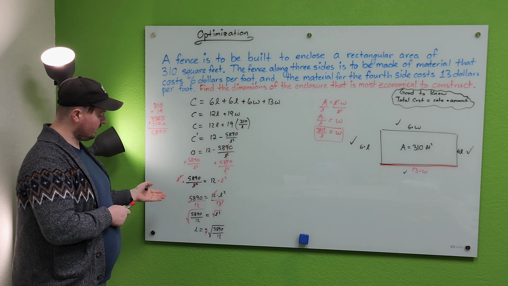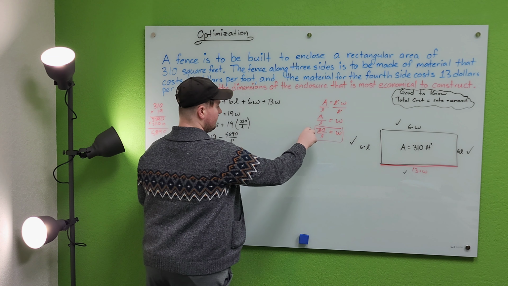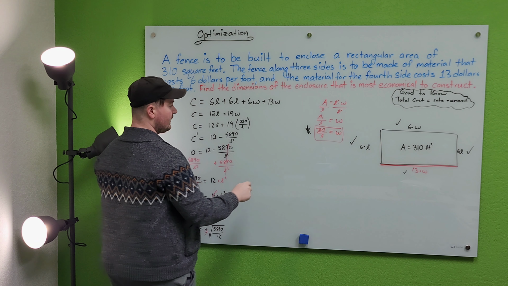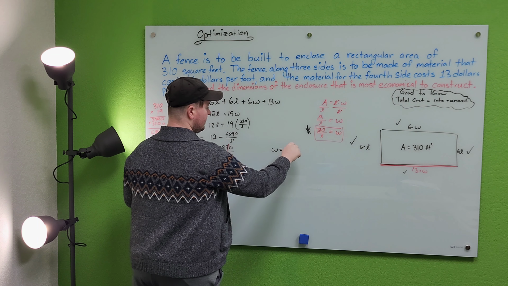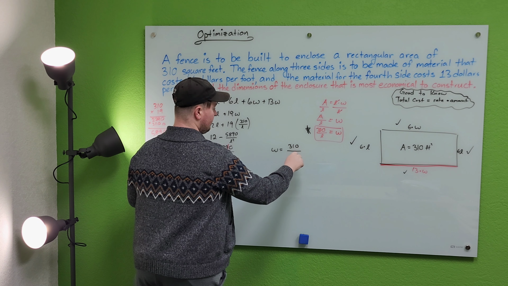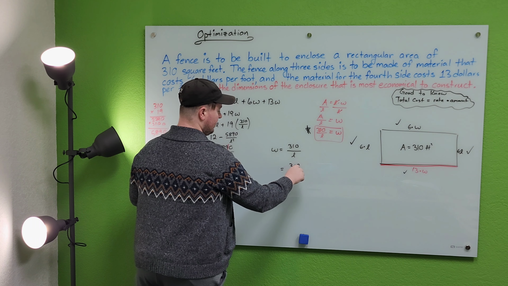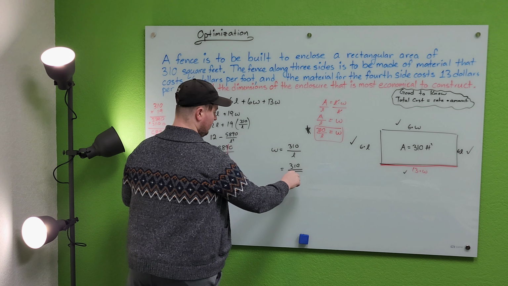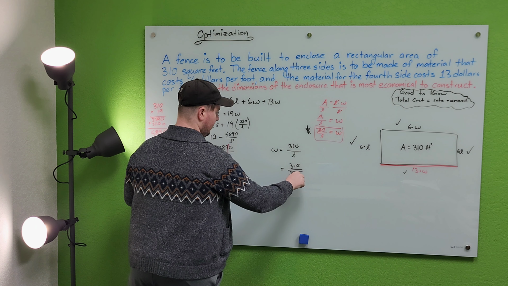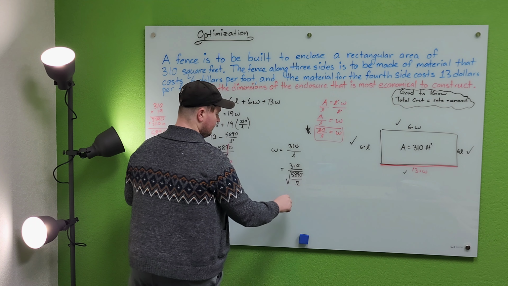Now, to find the width, we can make use of this formula right here a second time. So we see that width is equal to 310 divided by the length. Well, here, that's going to be 310 divided by the square root of 5,890 divided by 12.